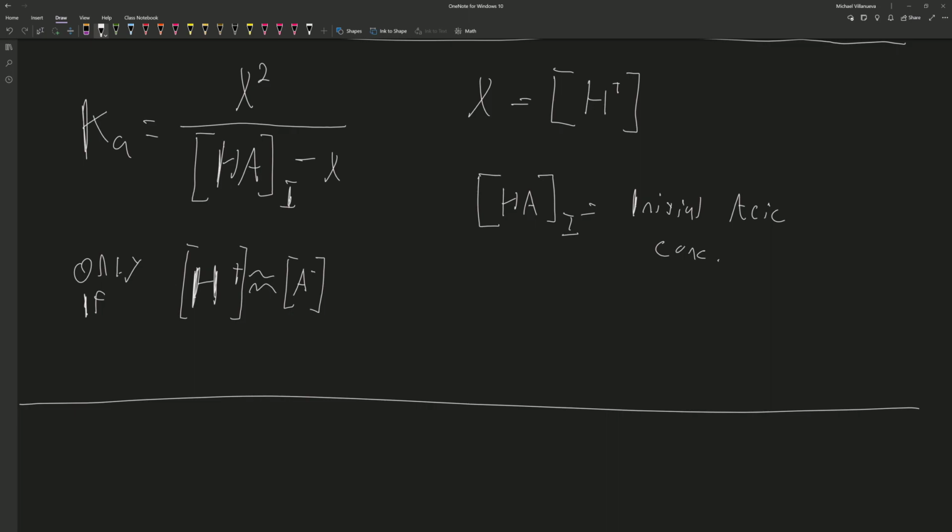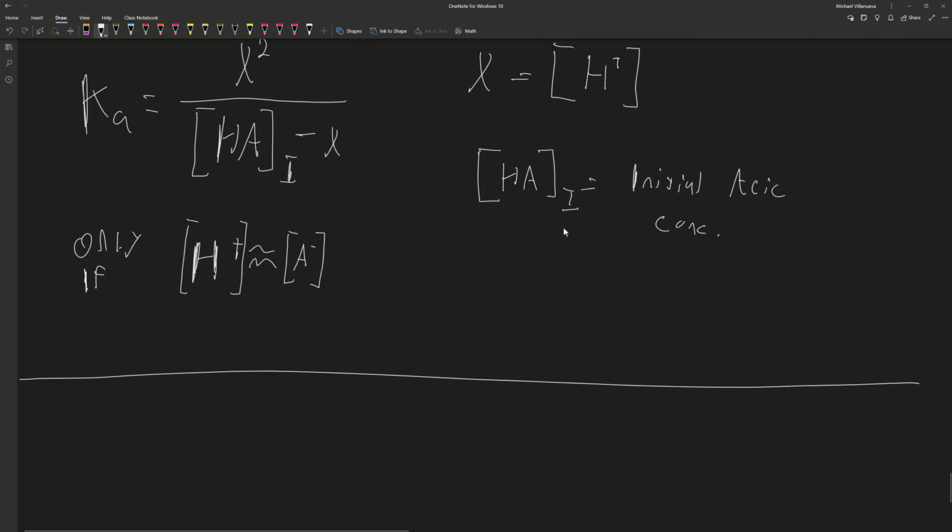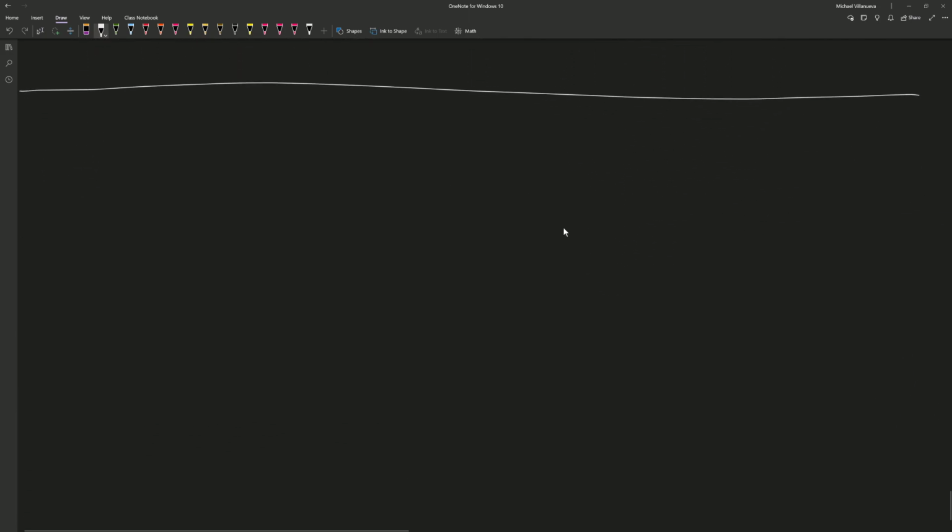So we're going to talk about two more things, and then we'll be done. Let's talk about the handling of a weak base. Let's say that we have the generic base B plus H2O, which reacts to form BH plus and OH minus.